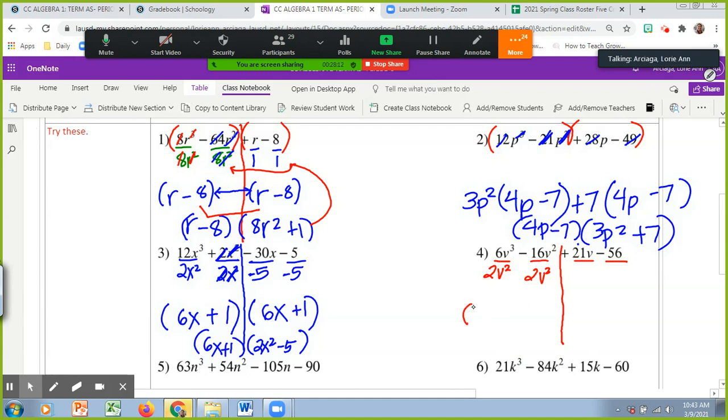So 6 divided by 2, then subtract the powers. Answer? 3v minus 8, that's good because you cancel, and then 3 minus 2 will just become 1. That's perfect. And then what's the GCF here for the other portion? 7. Very good.